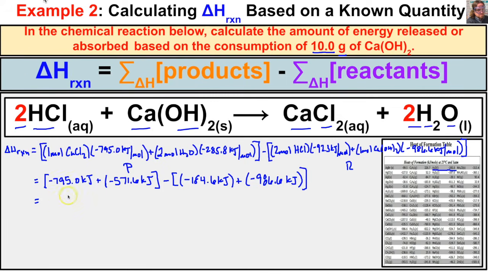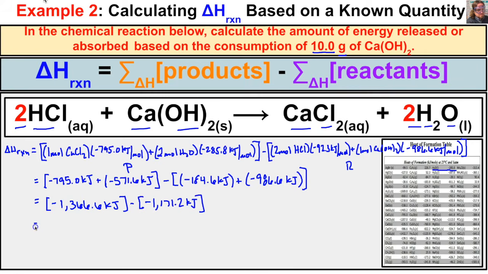Put this into our calculator, and we end up with negative 1,366.6 kilojoules of energy on the products side. And on the reactant side, we are going to end up with negative 1,171.2 kilojoules.